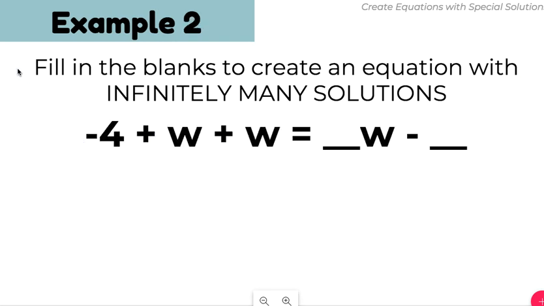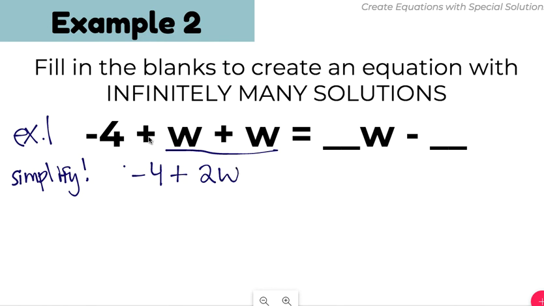Let's look at another. Don't copy the instructions. Just write example 2 and copy the example. So now in this case, we do have some simplifying to do. So before I start filling in any blanks, I'm going to simplify. I have a w plus a w.